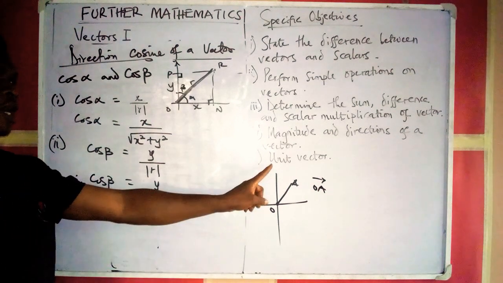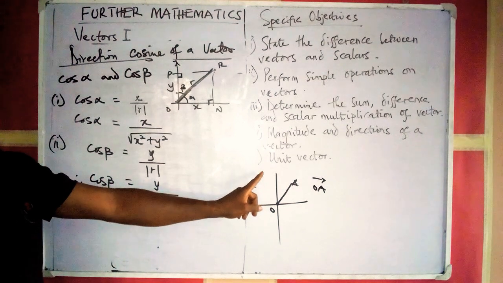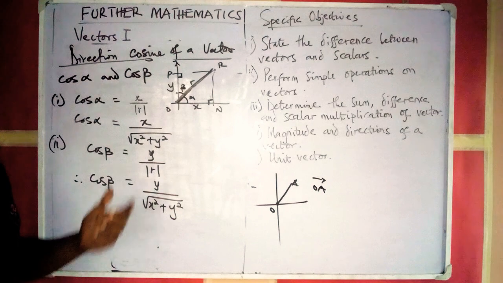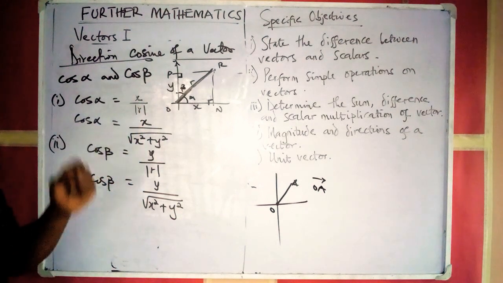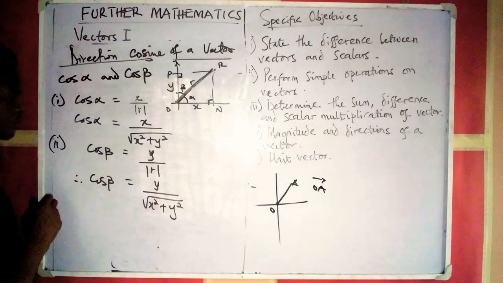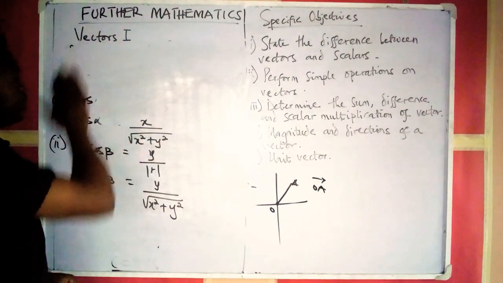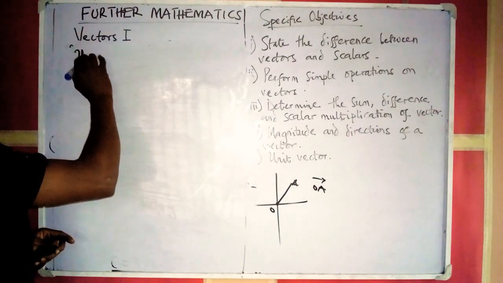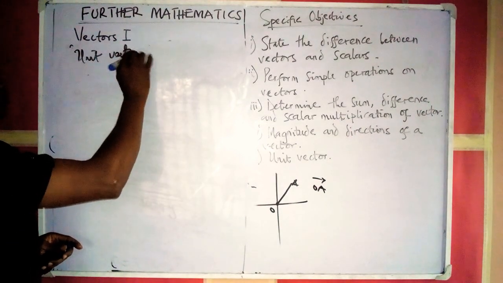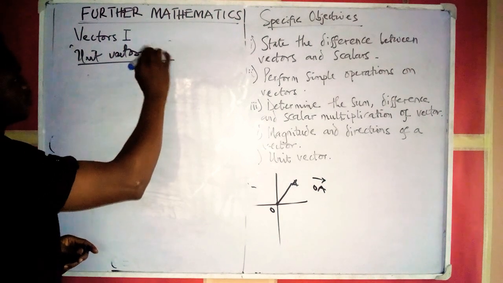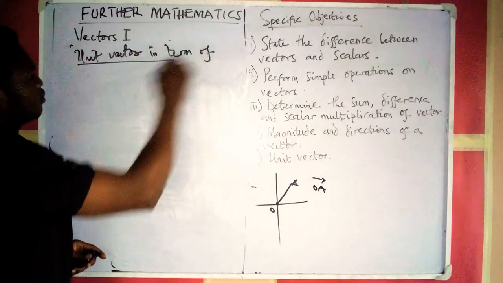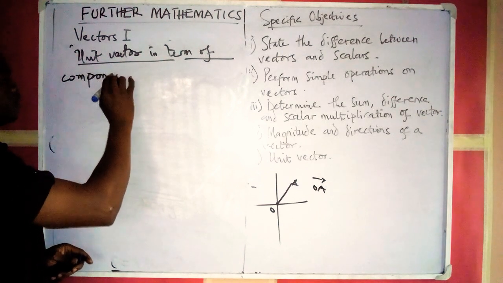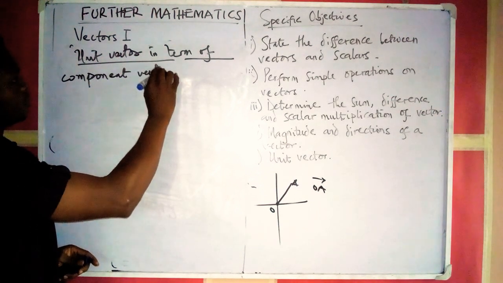But before we solve problems, I'm also going to express the unit vector in terms of the component vectors of a given vector. Alright, let us write this. The unit vector in a given direction in terms of component vectors.